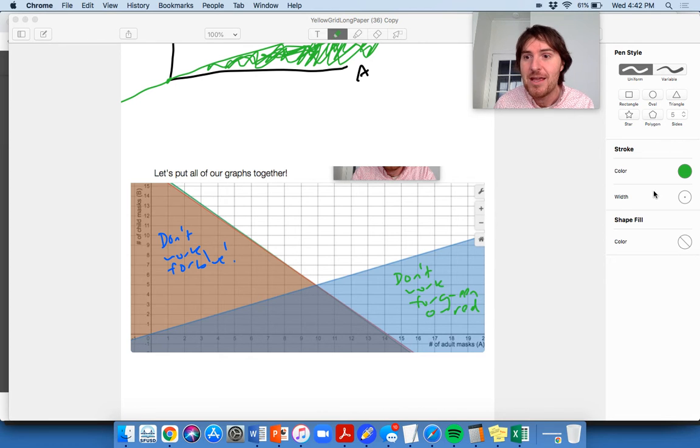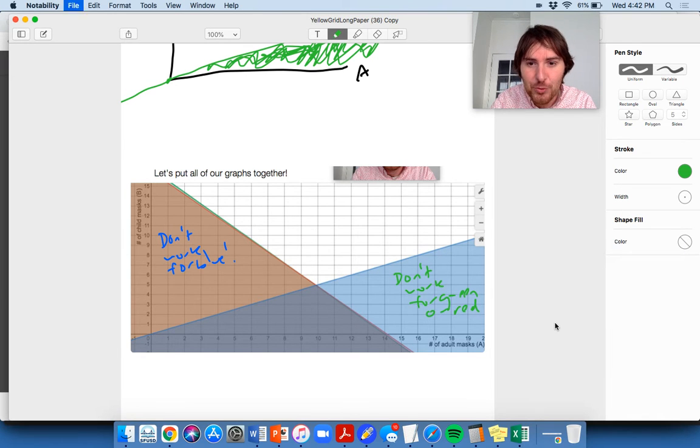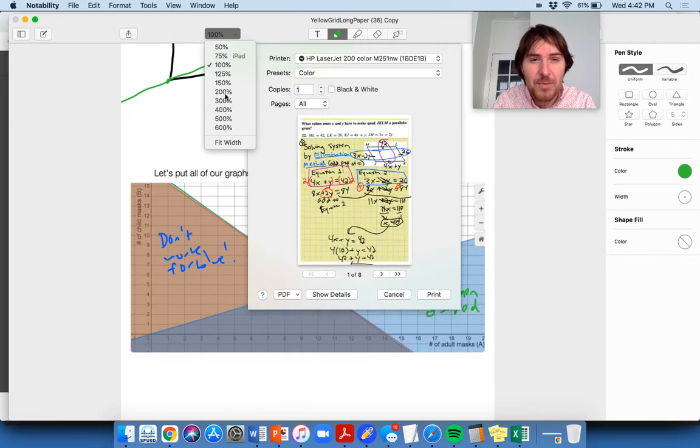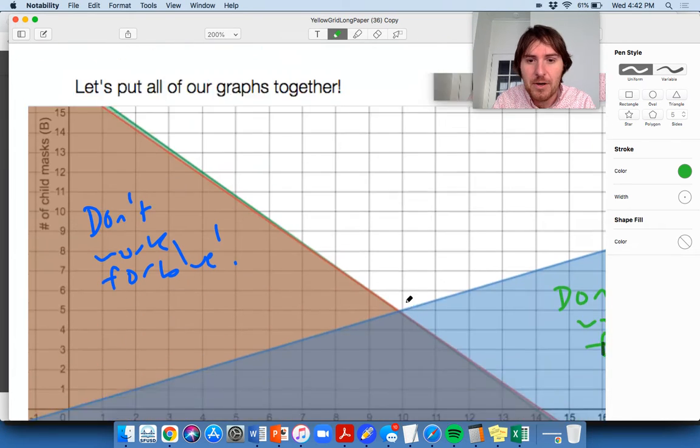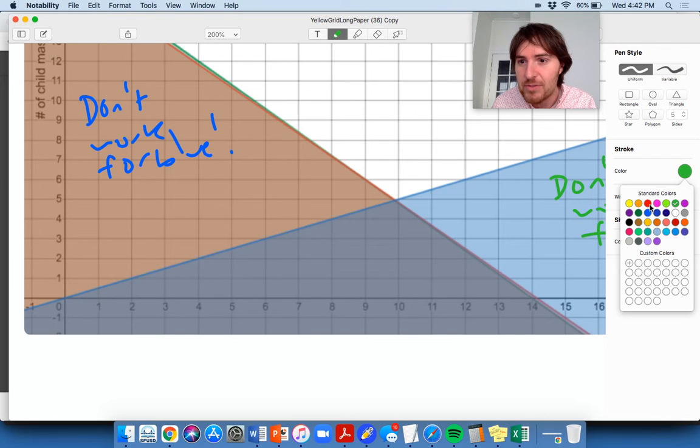It doesn't work for green. So if I really zoom in here, I'm not going to zoom in a lot because this feasible region is very delicate. We can't get it exactly right at least. So we try to zoom in. Oops, I don't want to print. I want to get my feasible region right here, right? So maybe I'll do a little note here.